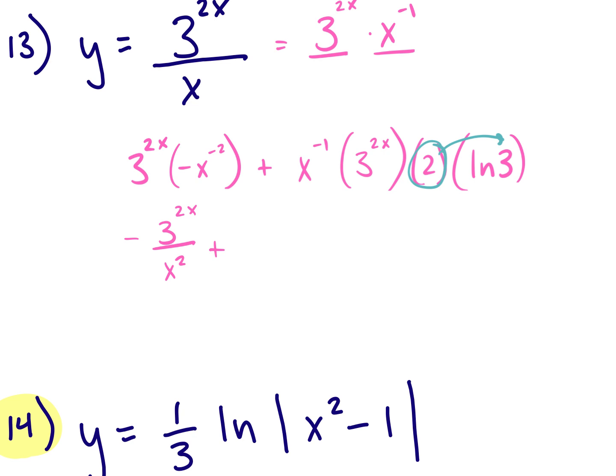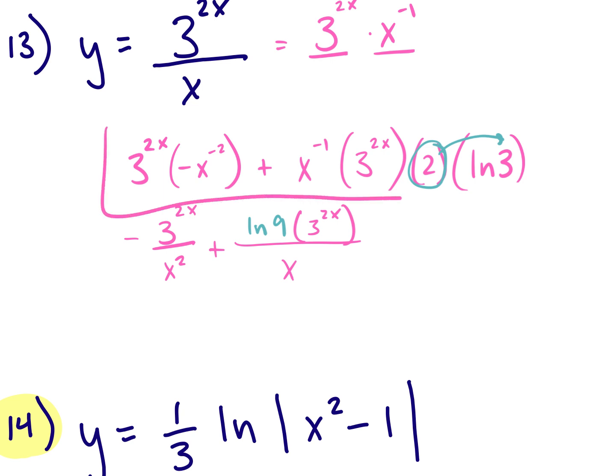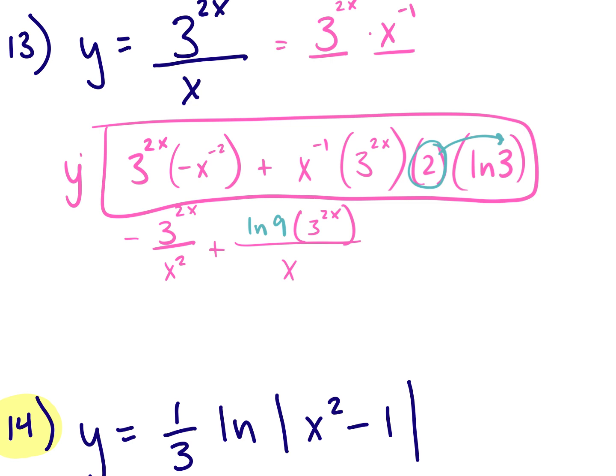So this would be the ln of 9 times 3 to the power of 2x over x. If you wanted to leave it just as, I mean, you could leave it like this. This is fine too as an answer. But I'm just showing you different ways.